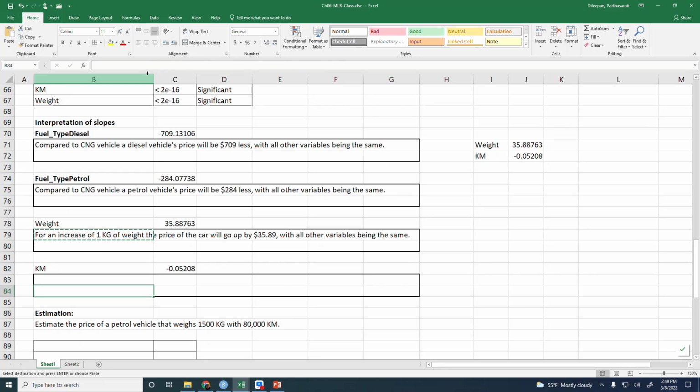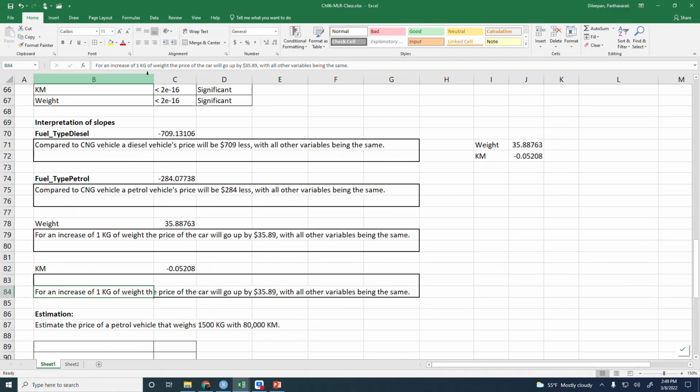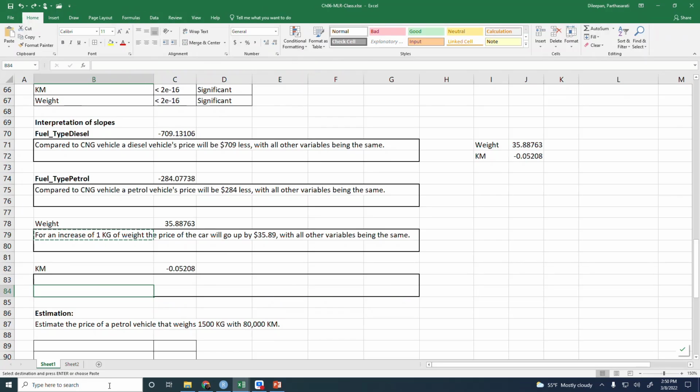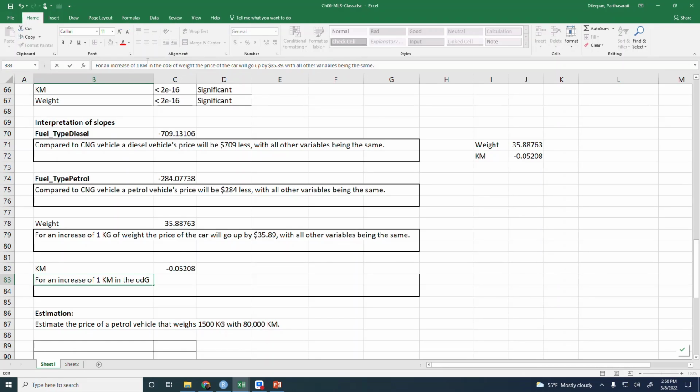Okay, so now we can copy paste that here and do the kilometer. So for an increase of 1 kilometer in the odometer, the price, now here it is a negative value, the price of the car will go down by, okay, don't say go up by minus 0.05.